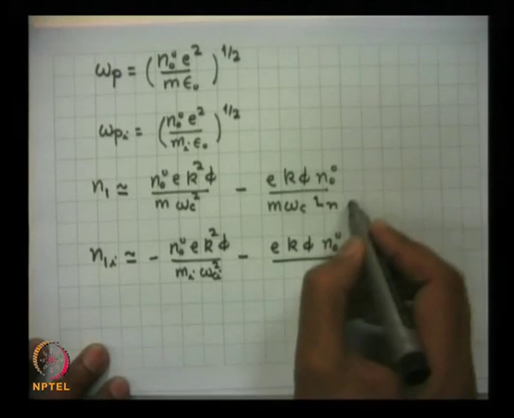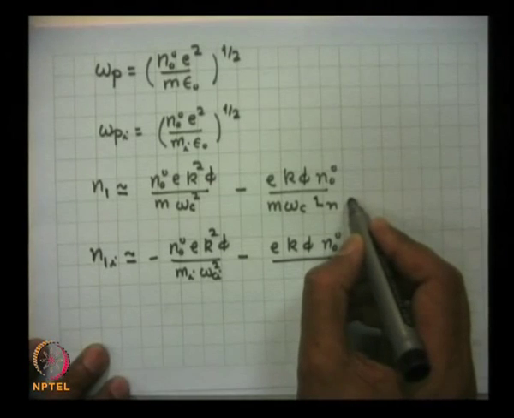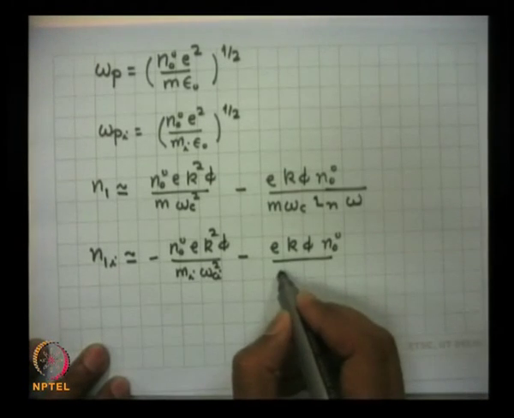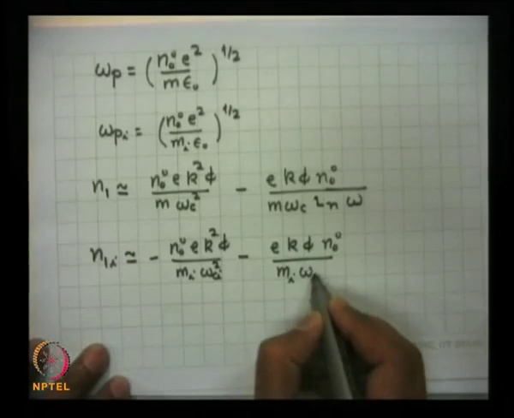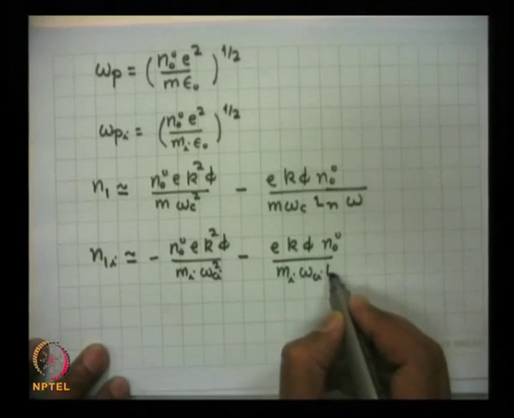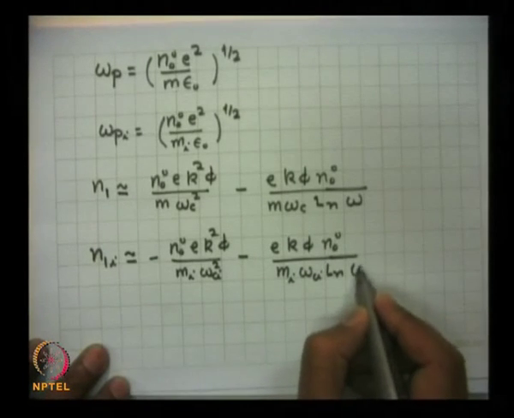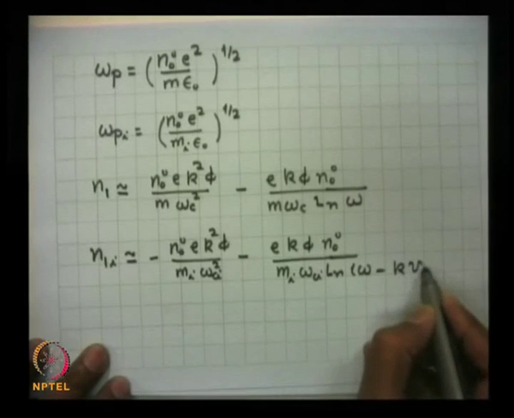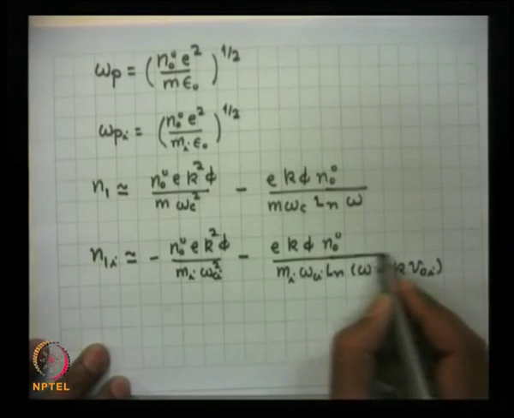I think there is one omega also here in this equation, so omega prime here, mi omega ci Ln into omega minus kV0 of ions. This is what you get.